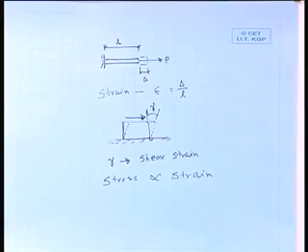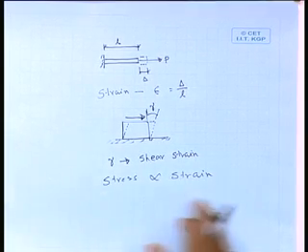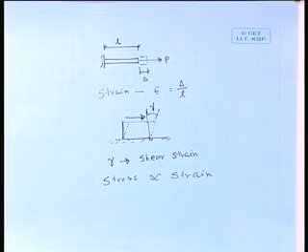So, we say it is Hooke's law, right? And if we try to equate both, there will be some constant. So, stress will be equal to strain into some constant, and that constant is dependent on the property of the material.